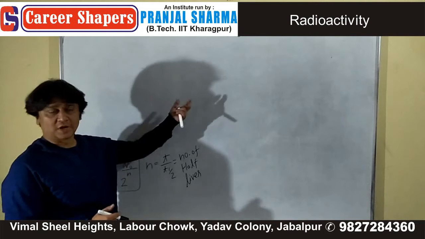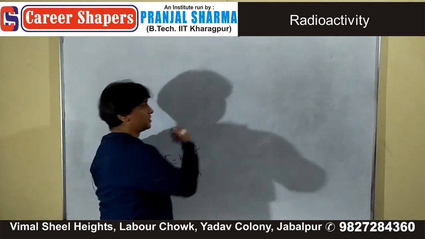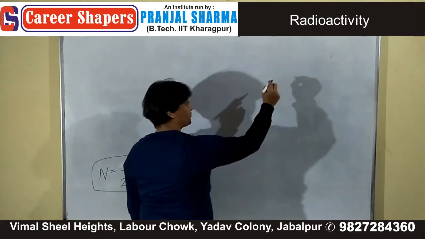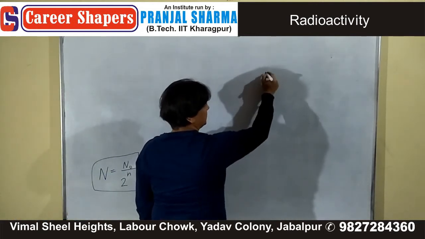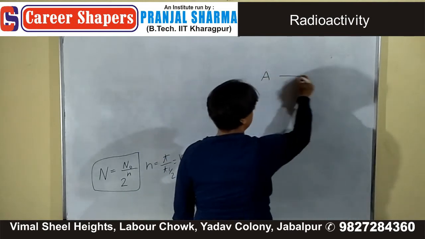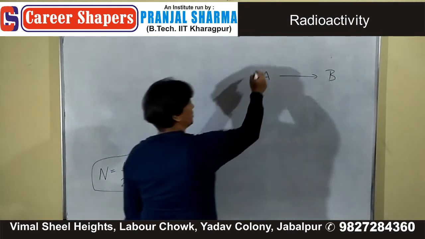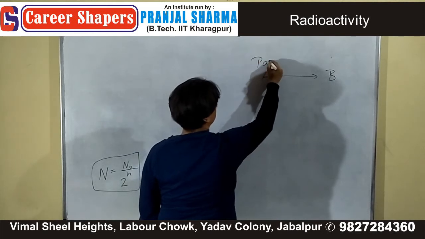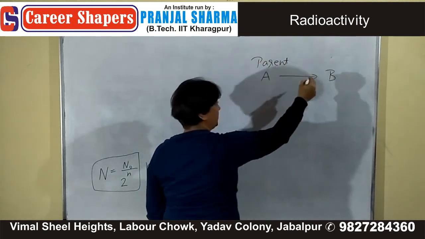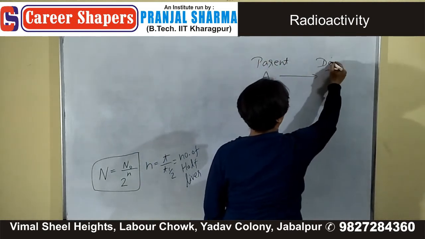Now look at the type of questions you can expect from this profile. Let's say A disintegrates itself into B. A is your parent nuclide and B is your daughter nuclide.